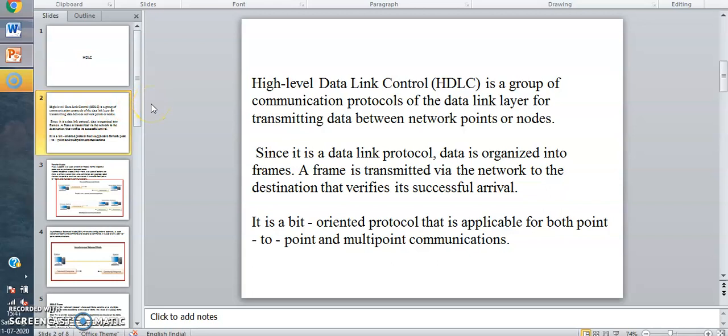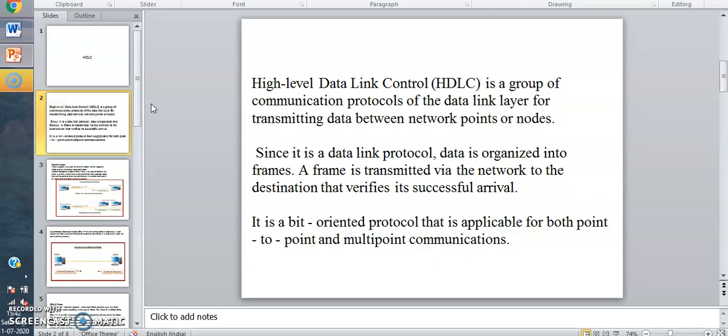HDLC is the most important data link control protocol. Also, it is the basis for many other important data link control protocols which use the same or similar formats and the same mechanisms as applied in HDLC.